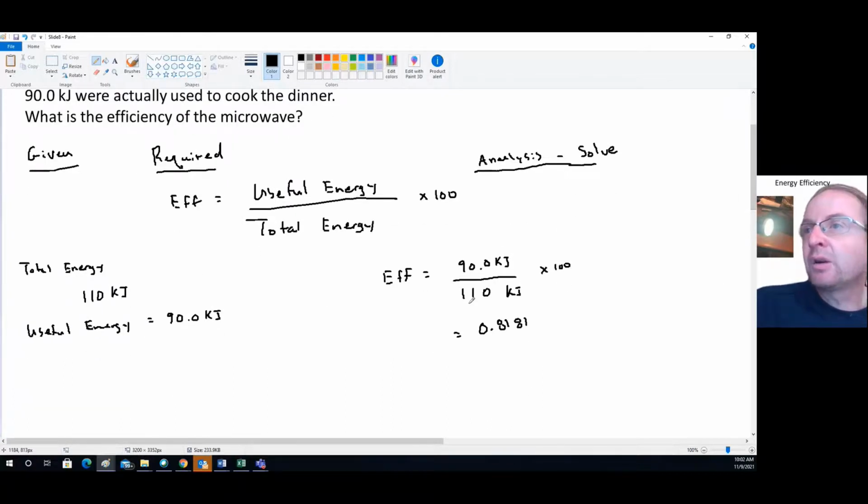We only need 3, so we're going to stop right here. So we've got to look there. If we need 3 sig digs, we look at the 4th one, and either we stay at 8 or go up to 9. We stay. And of course you multiply this by 100, but I think you can see it's just an 81, right? You just move the decimal place twice when we multiply by 100. 81.8% efficient microwave. That's pretty good.